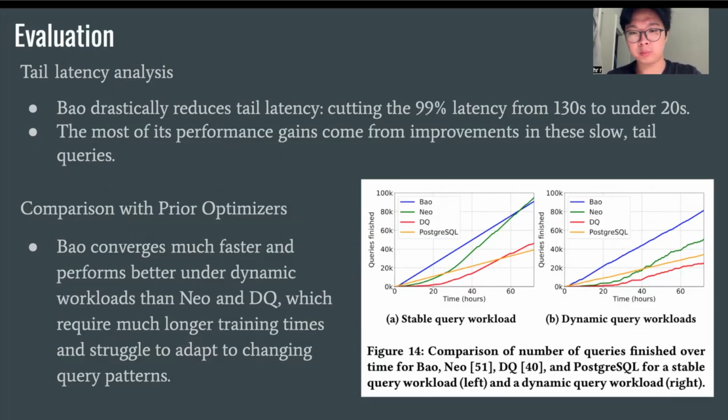Between these four optimizers, we can see BAO has the best performance, and it also works well on both stable queries and dynamic queries, which means we can easily insert, delete, and make changes to our database. This is very important for commercial use in the real world.